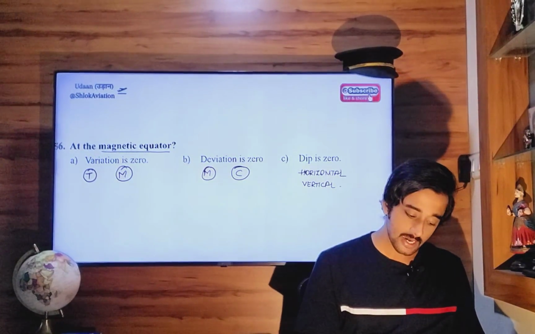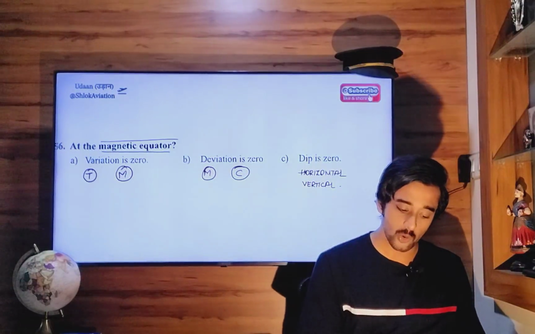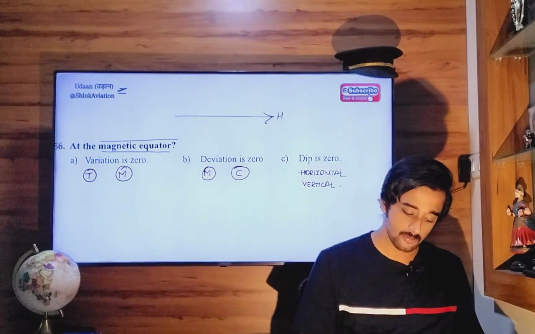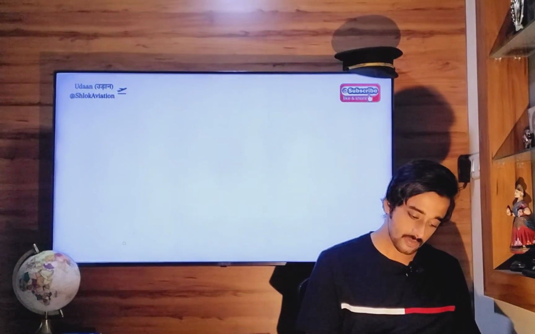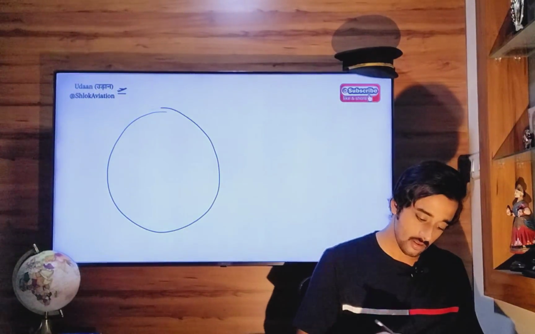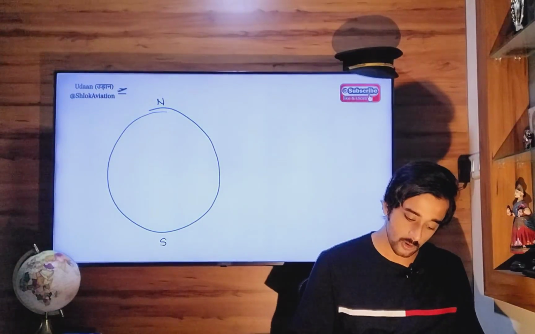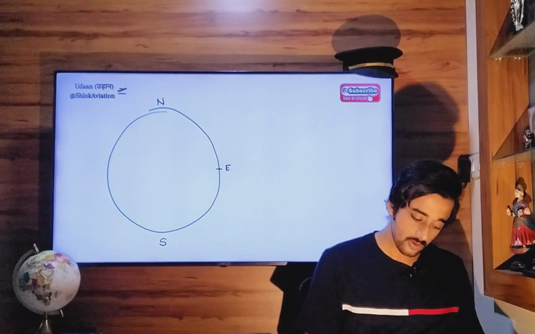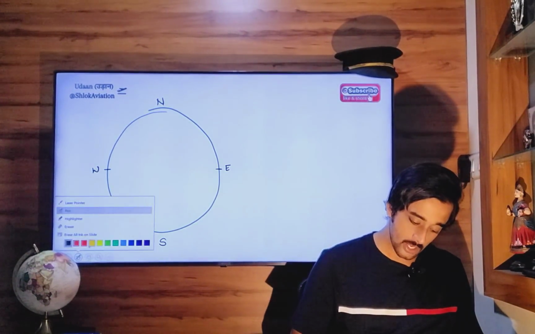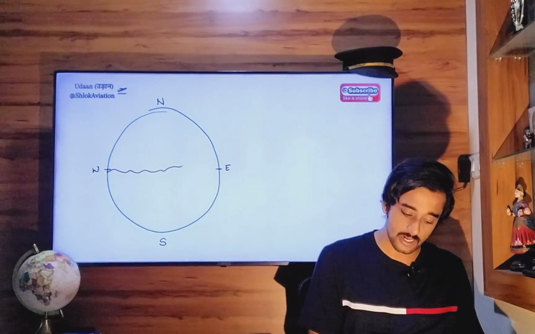Okay, so at magnetic equator, the horizontal component will be maximum. Let's say this is your earth. This is the north pole. This is the south pole. This is the east and west. And this is where your magnetic latitude is situated like this.